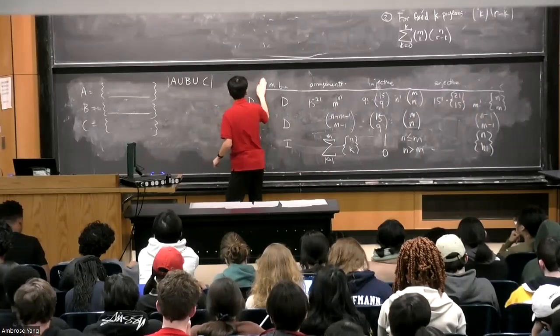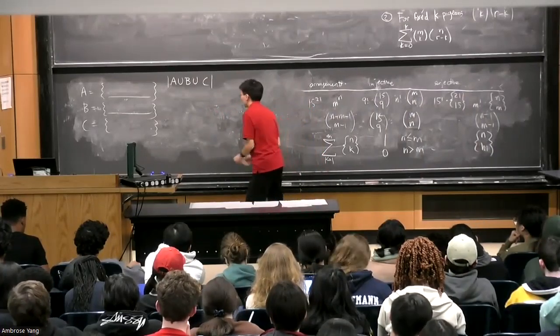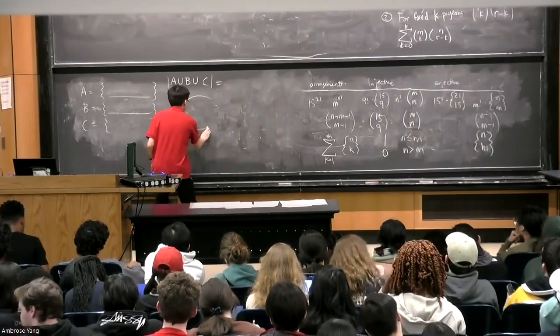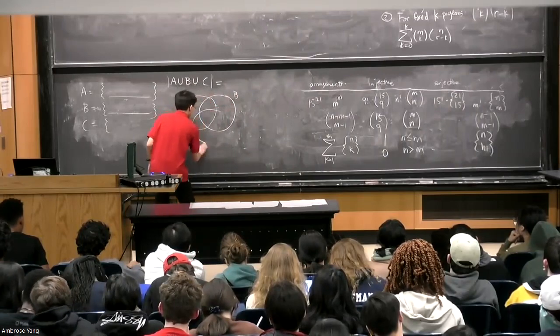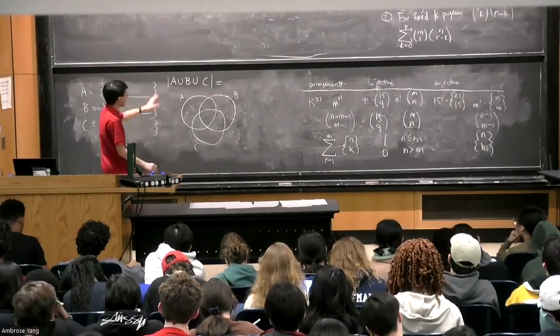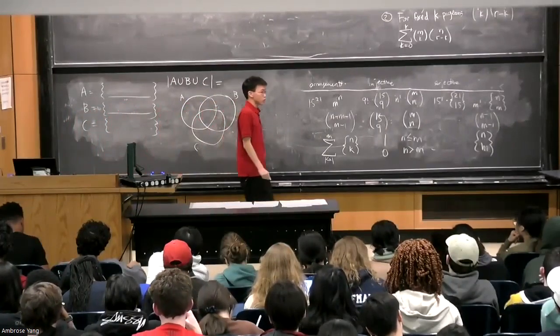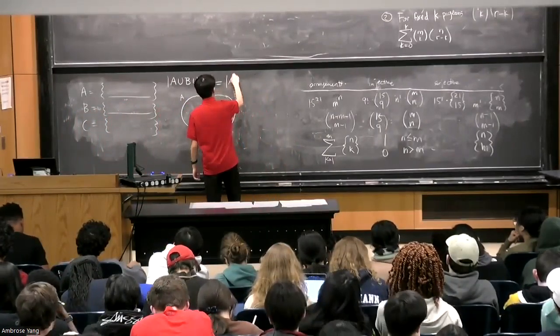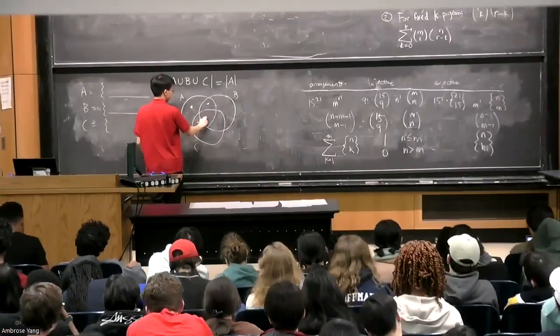So the way to visualize this formula is via a Venn diagram. What is this equal to? Imagine this is my set A, this is my set B, this is my set C. What's the total number of things inside A union B union C? Well, let's first count how much is in A. That means I've counted this stuff once, this stuff once, this stuff once, this stuff once.